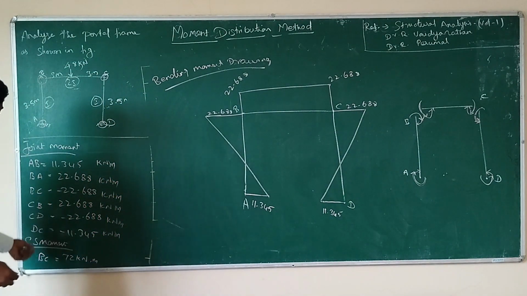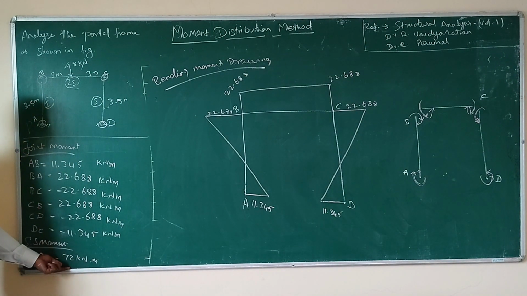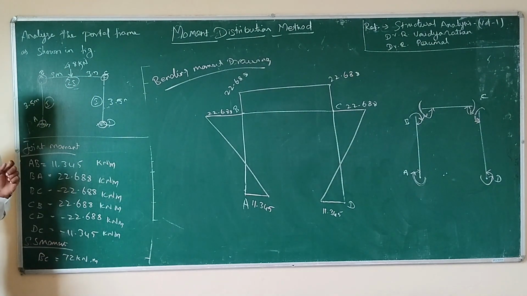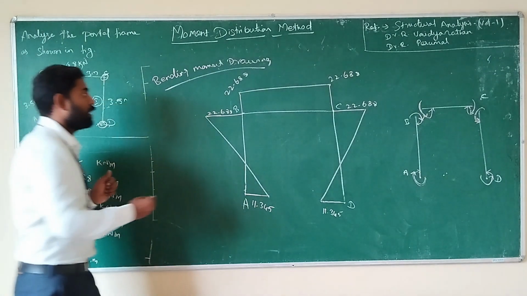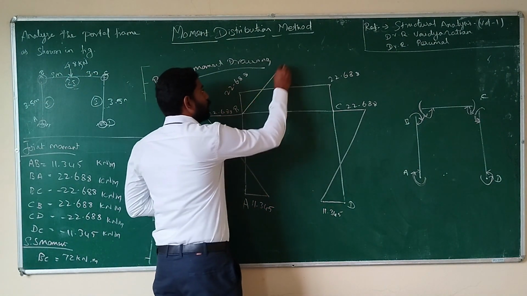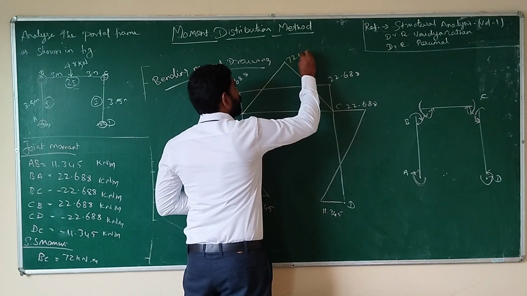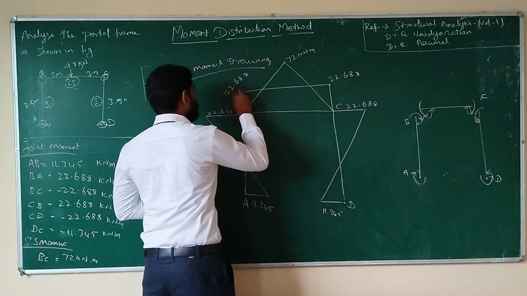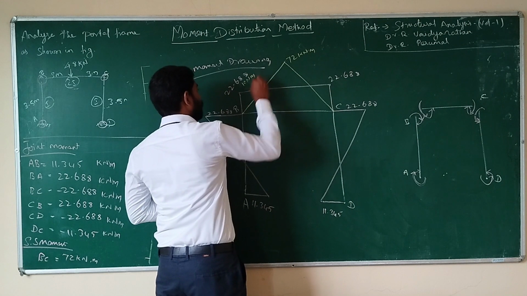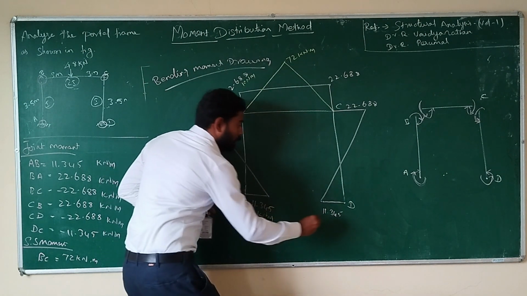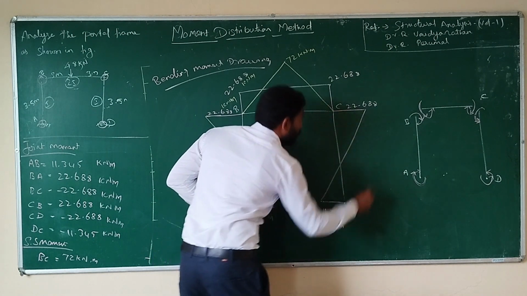We have also calculated the simply supported moment of 72 kN meter. Here it is a point load, so it will be a triangular moment diagram. I am drawing the 72 kN meter like this. All the units are in kilonewton meter.